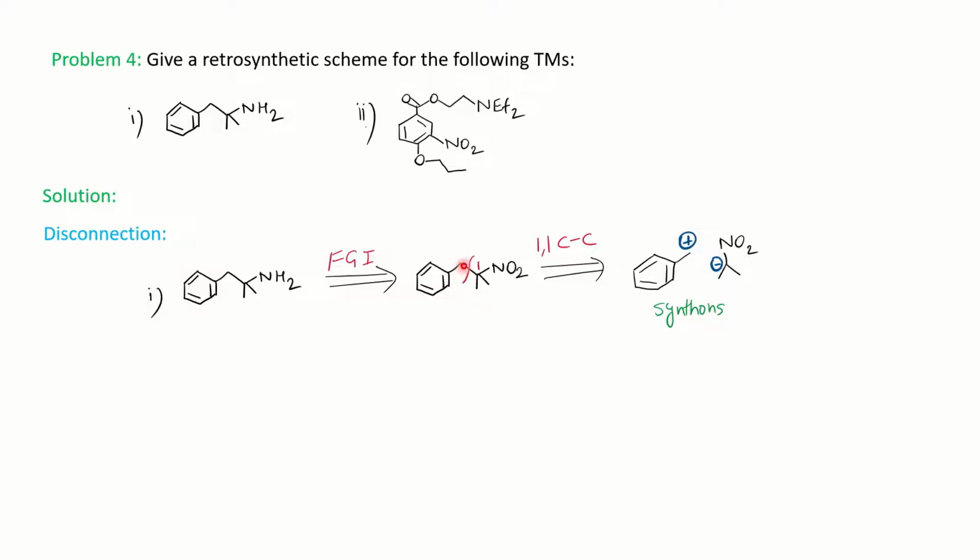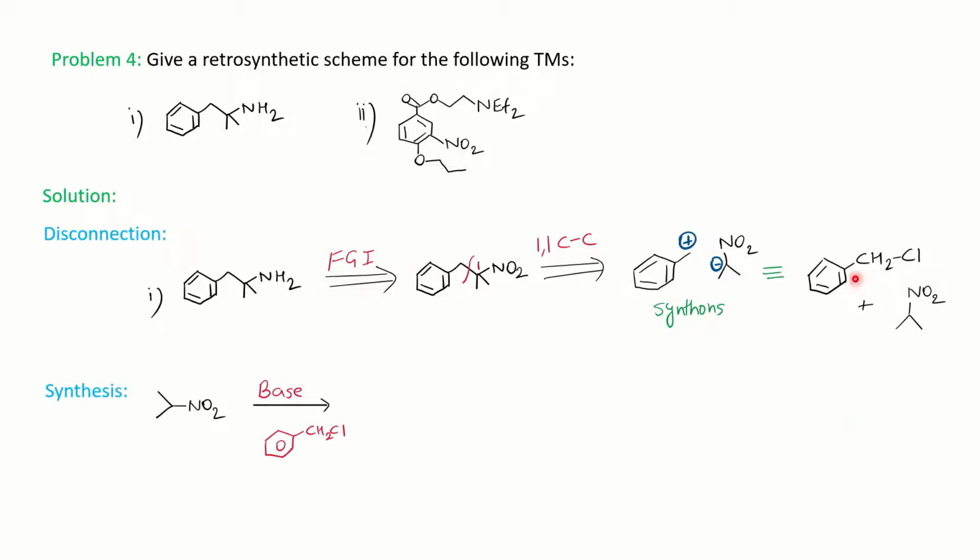One carbon will get a positive, other will get a negative charge here. So these are the synthons, and you can stabilize them by respective species. So you'll get one is benzyl halide, and the other is the derivative of nitromethane. And so these are the starting materials you can see for the synthesis of the target molecule.